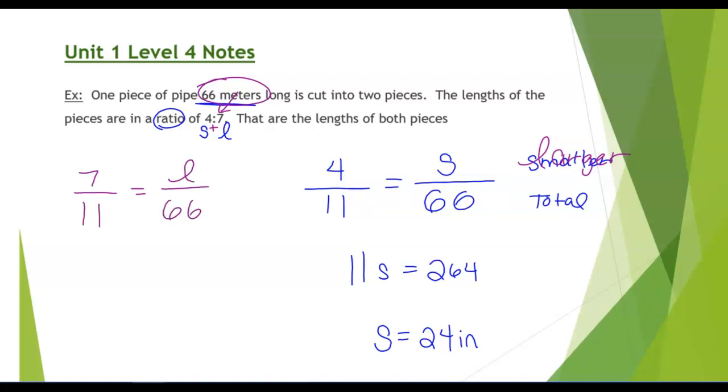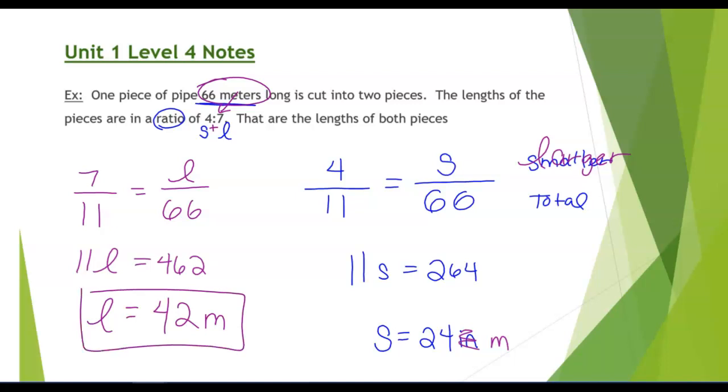Cross multiply, 7 times 66 is 462. 11 times L is 11L. Divide that 462 by 11, and we get 42, and I said inches, sorry about that, meters. 42 meters plus 24 meters equals 66 meters. So here's the larger, here's the smaller.